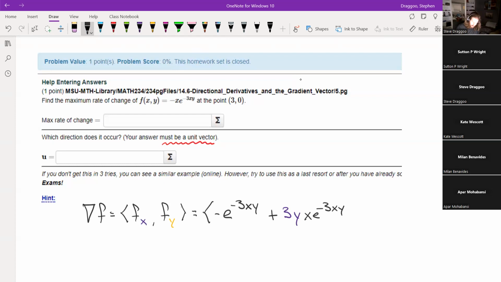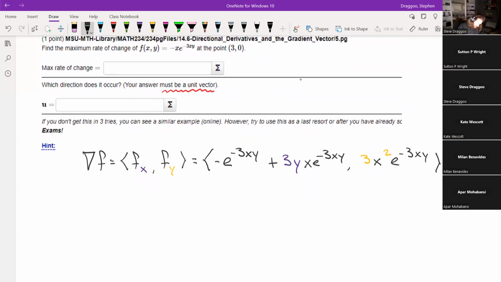And it's plus 3 because there's a double negative happening. Then if I go get the y derivative, that one's a little bit nicer. It'll just be positive 3x squared e to the negative 3xy. So that's our gradient.